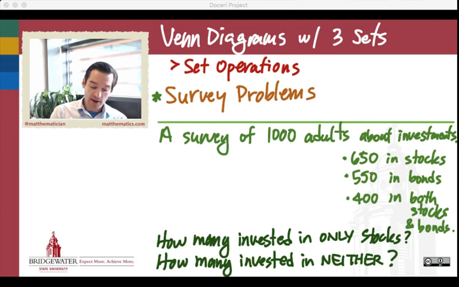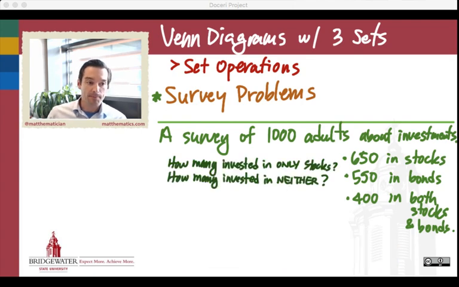But the trick, really what makes survey problems interesting, is the way in which people in a survey are really only giving one response, but then they may be counted in more than one location in our final data.